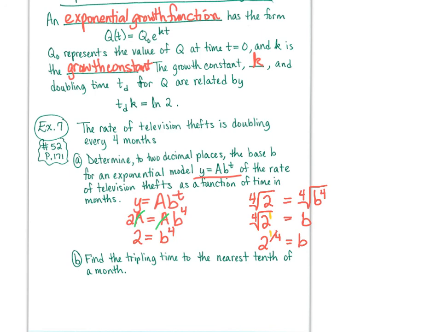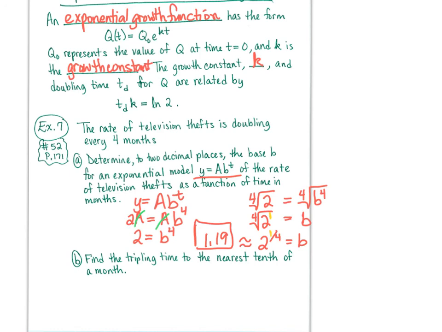And since we are going to 2 decimal places, that's approximately 1.19. So we get b is equal to 1.19.